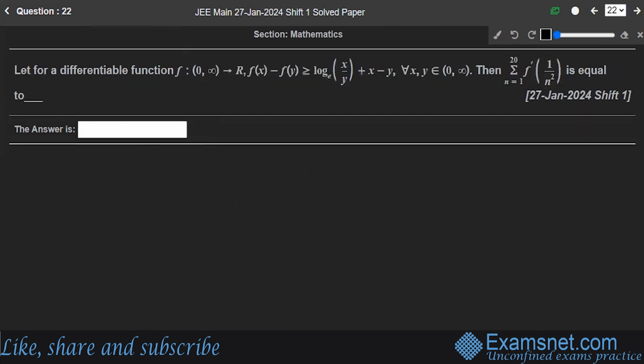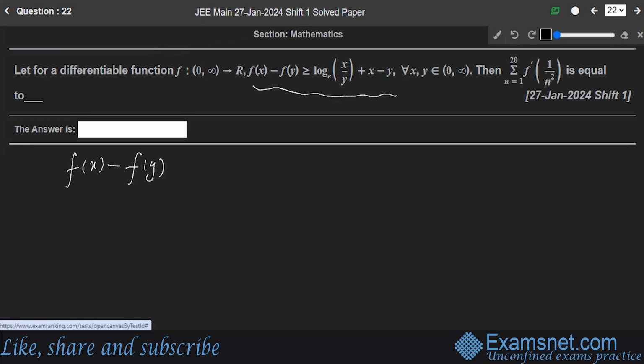Question number 22. Let f from 0 to infinity to R satisfy f of x minus f of y greater than or equal to log of x upon y to the base e plus x minus y for all x, y belonging to this. Then the value of this expression is equal to what? So according to the given expression, f of x minus f of y is greater than or equal to log x upon y plus x minus y.